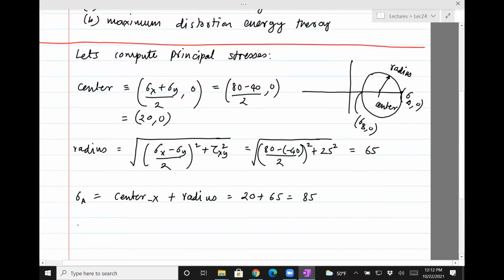And the other stress, the minimum stress here, is center x minus radius, which is 20 minus 65, which is minus 45. And everything here is in MPa.